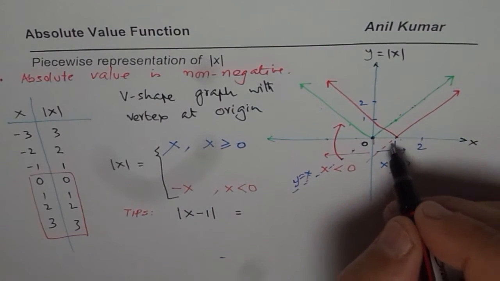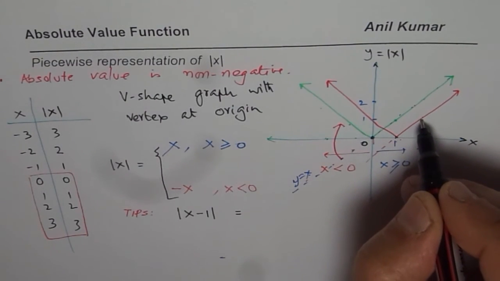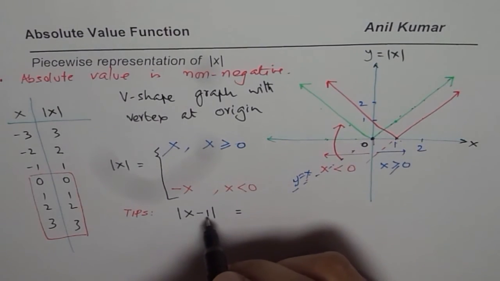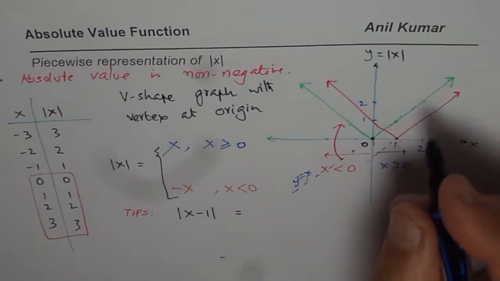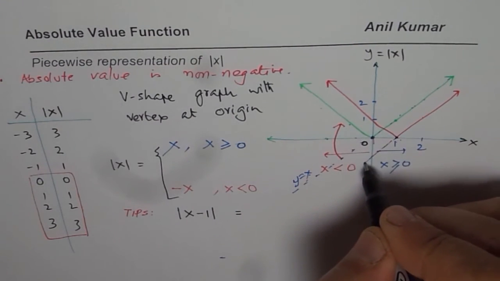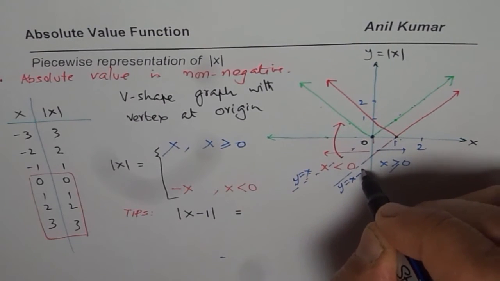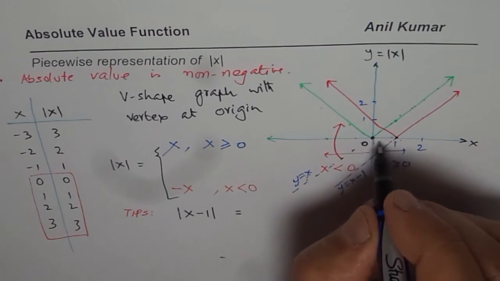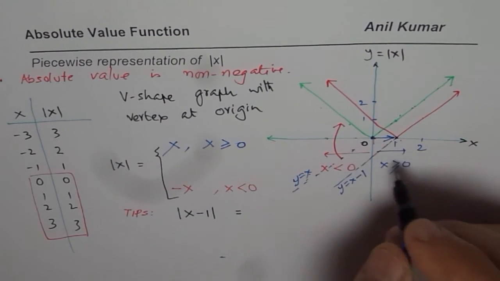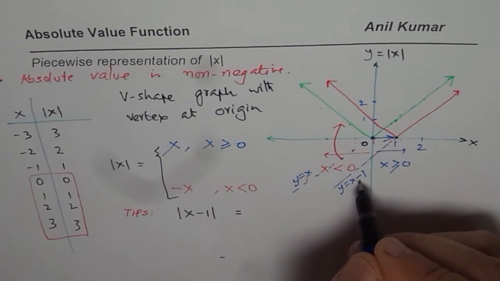On the right side of 1, it is the same as x minus 1, right? This line which we have here this time is y equals x minus 1. This line y equals x has been moved 1 unit to the right. So we have the graph of a line which is y equals x minus 1.